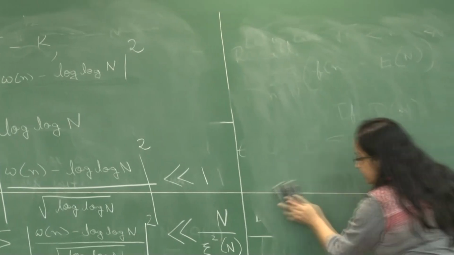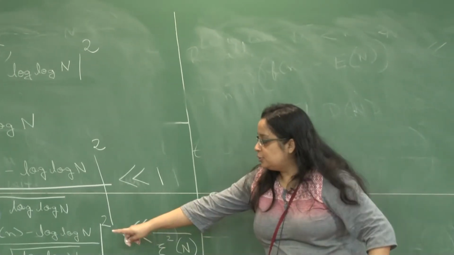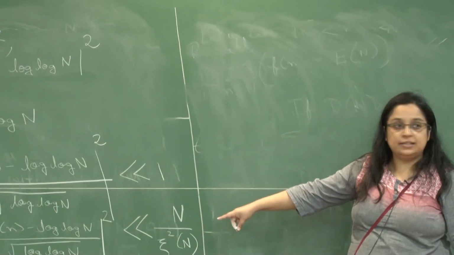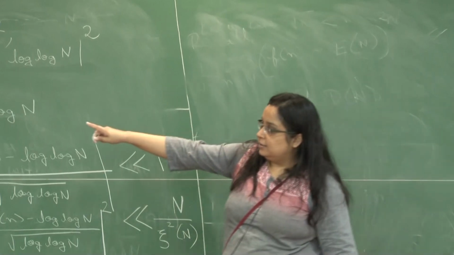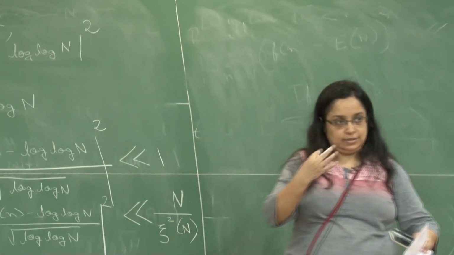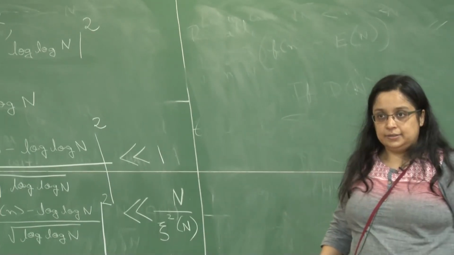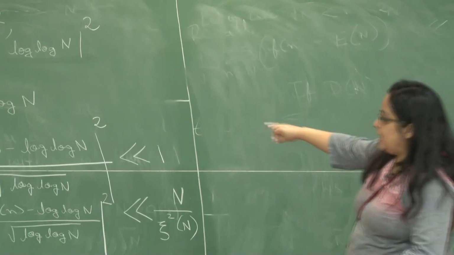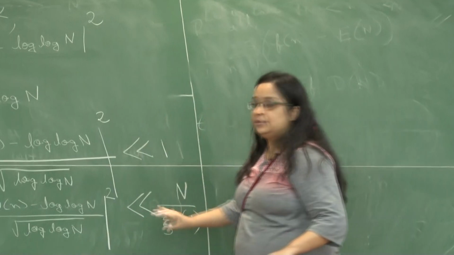But this idea is not a very difficult idea to understand. But to interpret Hardy-Ramanujan theorem in this way is a contribution of Turan, okay? And you'll see, the entire Turan-Kubilius inequality is a study of sums of this form, isn't it?